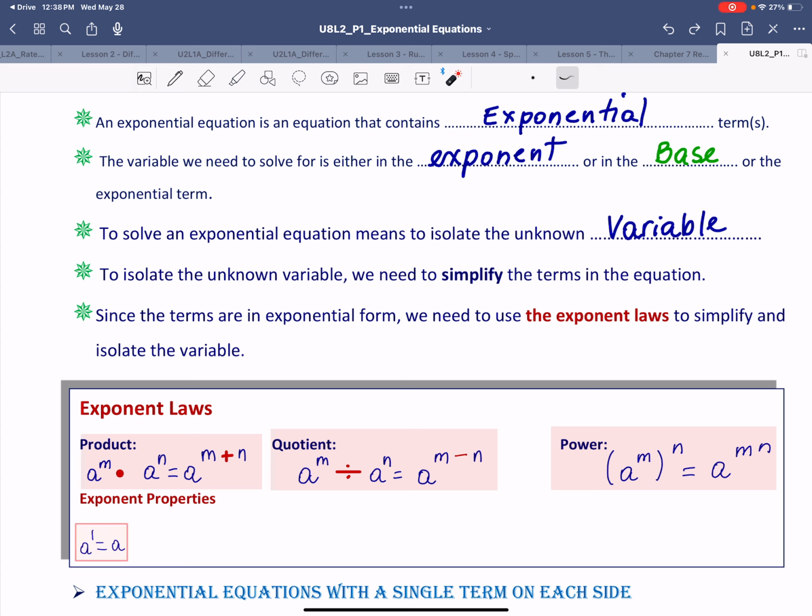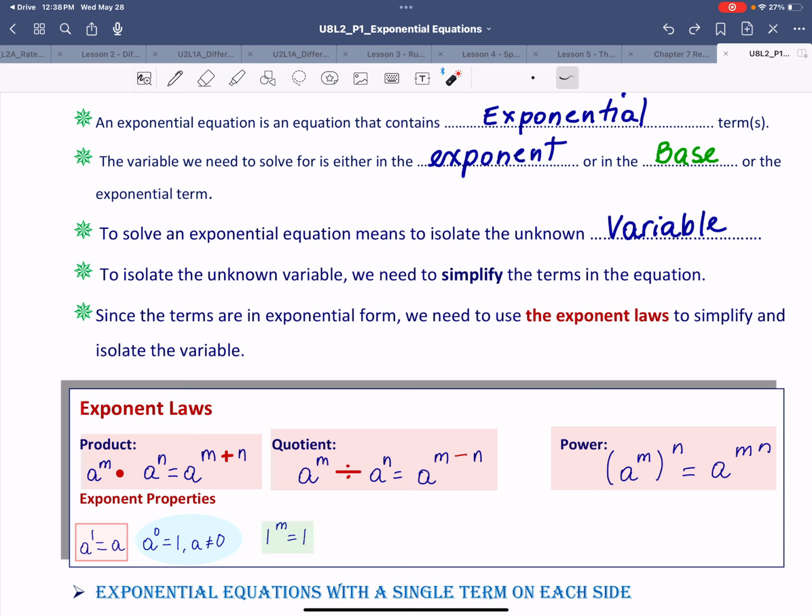So rule number one, a to the power of 1 is equal to a. Rule number two, any number to the power 0 equals 1 besides number 0. So 0 to the power 0 is actually undefined. Try to use a calculator to see it. And I've also made a small little video where I explain exactly why that happens.